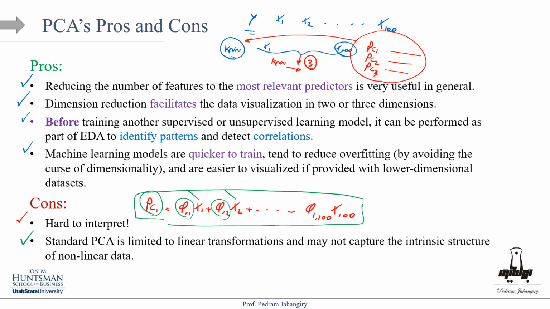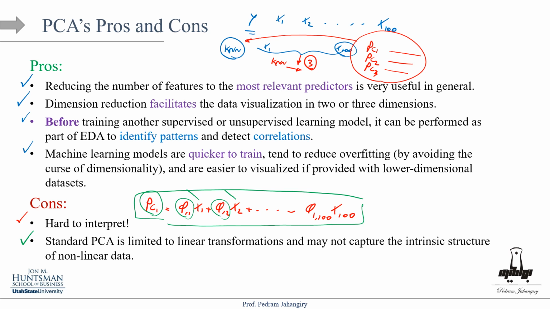Also note that the standard PCA, the one we talked about, is linear PCA. This means it is limited to linear transformation, so it may not capture the intrinsic nonlinear structure in the data. What if the relationships among the x's were already nonlinear?